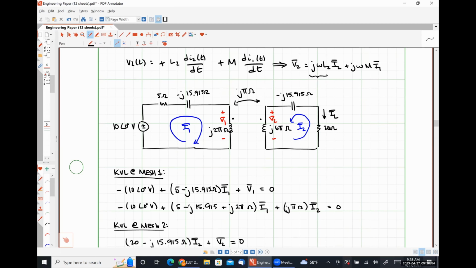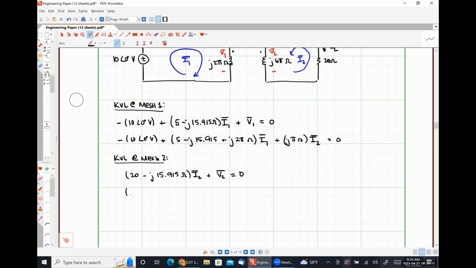So we found out that J omega L2 was J6 pi ohms, and J omega M, once again, was J times pi ohms.